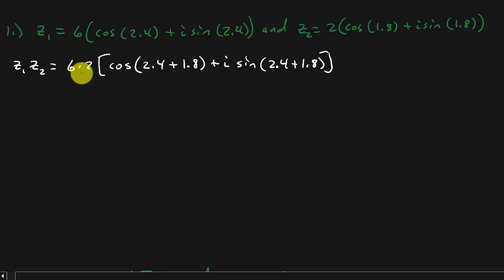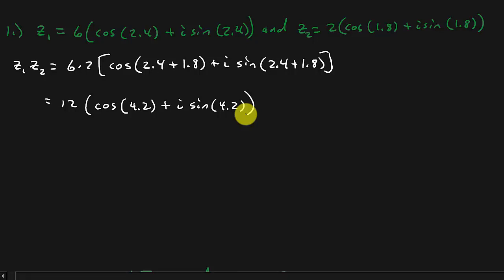I mean, you could do this in your head. You could write 12 and 4.2 and 4.2. I'm just writing it all out so you can see it. So this is 12 times cosine of 4.2 plus i sine 4.2, and there it is.